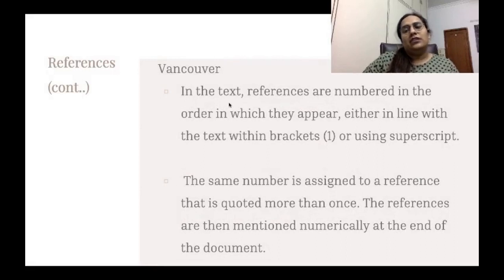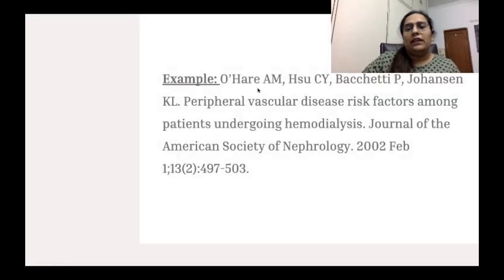In this, generally, let's take an example afterwards, we will explain. Here there are no inverted commas, and there are no commas after surnames as well. So this is a simple way of giving a general idea about referencing.